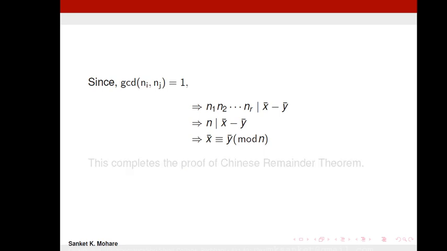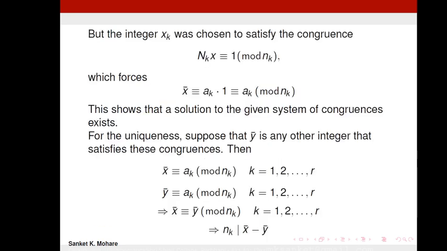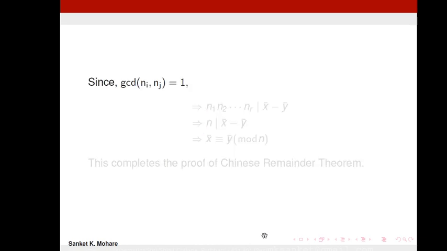So using that result, here n_1 divides x bar minus y bar, n_2 divides x bar minus y bar, and n_1 and n_2 are co-prime. This is given, that is GCD of n_1, n_2 is 1. That's why the product n_1 n_2 should divide x bar minus y bar.